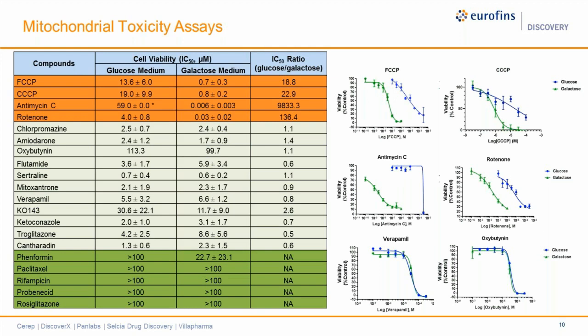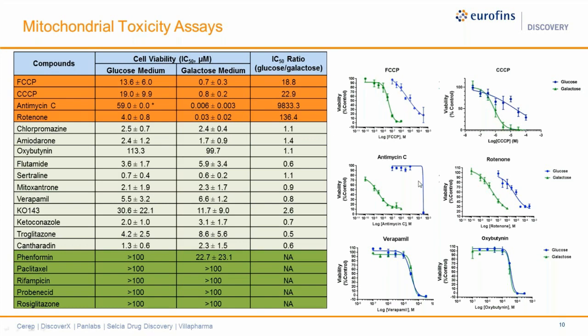The results demonstrate that the assay can be utilized to identify compounds that disrupt mitochondrial function by different mechanisms. For example, FCCP is shown in this plot. FCCP can uncouple mitochondrial oxidative phosphorylation from ATP synthesis, and showed almost 20-fold shift of the assay-50 in this assay.